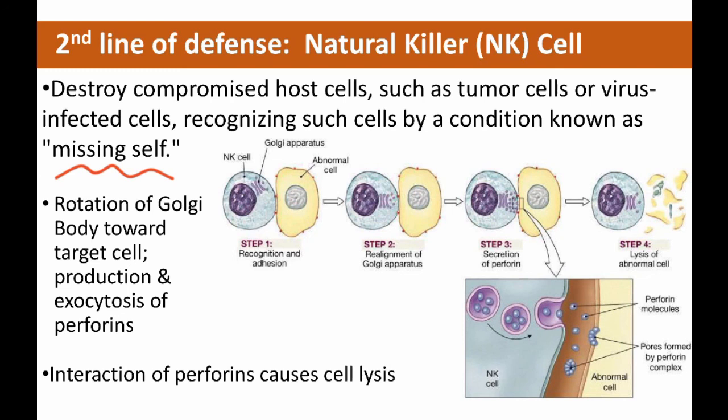It rotates the Golgi body toward the abnormal cell and exocytoses a bunch of molecules called perforins. Perforate means to punch through. So these perforins self-assemble on the abnormal cell, creating holes in the cell membrane, and that leads to lysis of the abnormal cell.